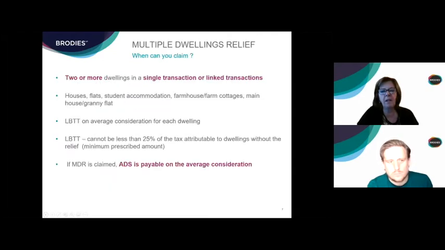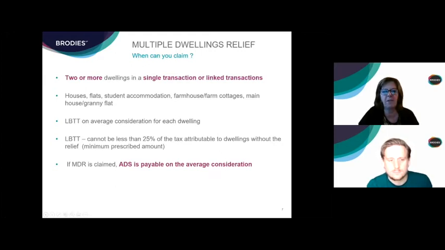Moving on, we've mentioned multiple dwellings relief and how this can be a help in these situations where there's more than one dwelling. So if you buy two or more dwellings in a single transaction or linked transactions, then you can claim multiple dwellings relief.